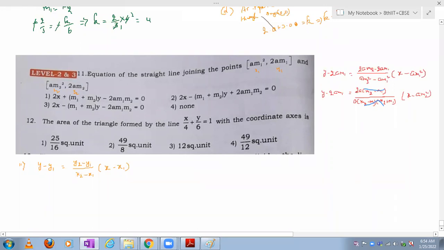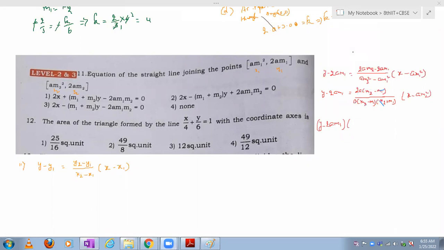So what will you get now? 2, and m2 plus m1 is there. I will transpose this m2 plus m1 to the right hand side.